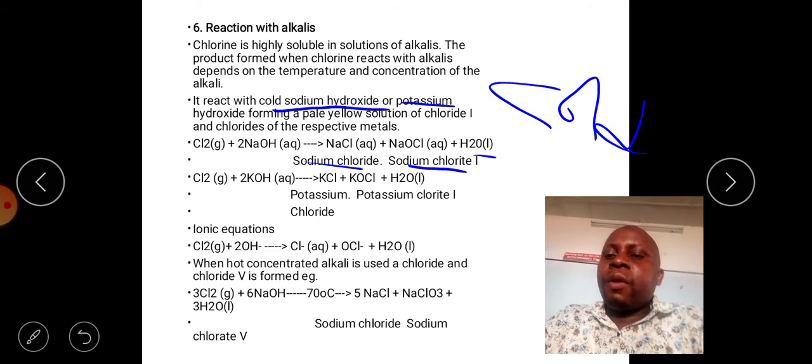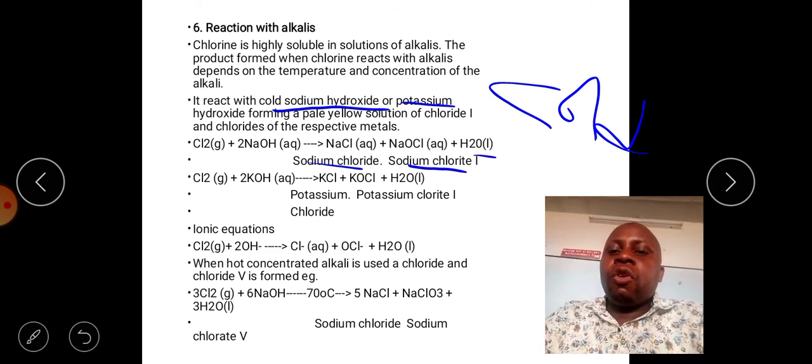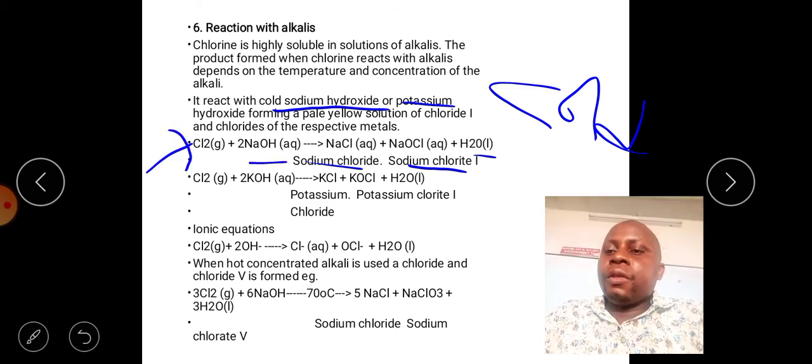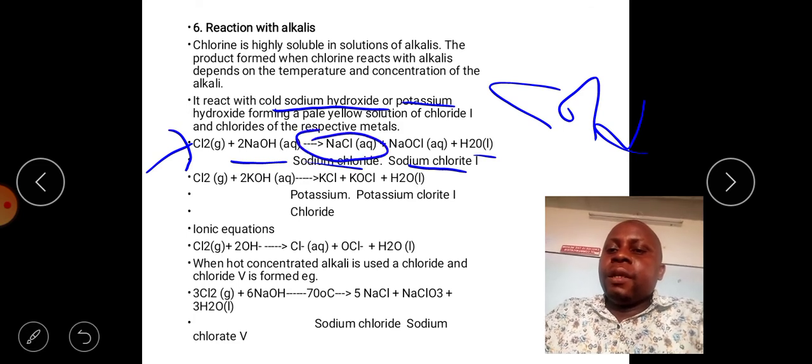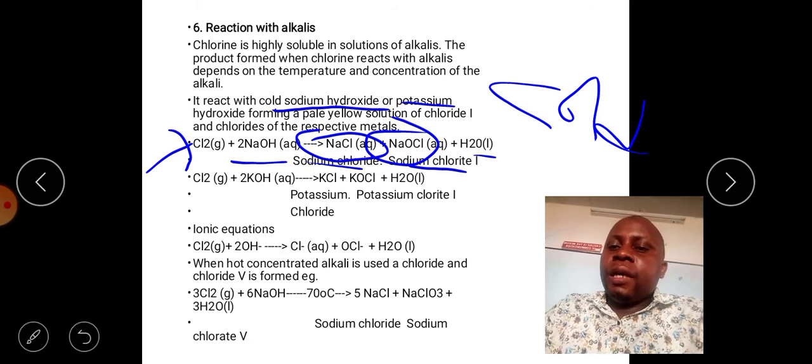Note that. So these are the products formed when you use cold alkali. For instance, chlorine will react with sodium hydroxide and this forms sodium chloride and sodium chlorate 1 and water.